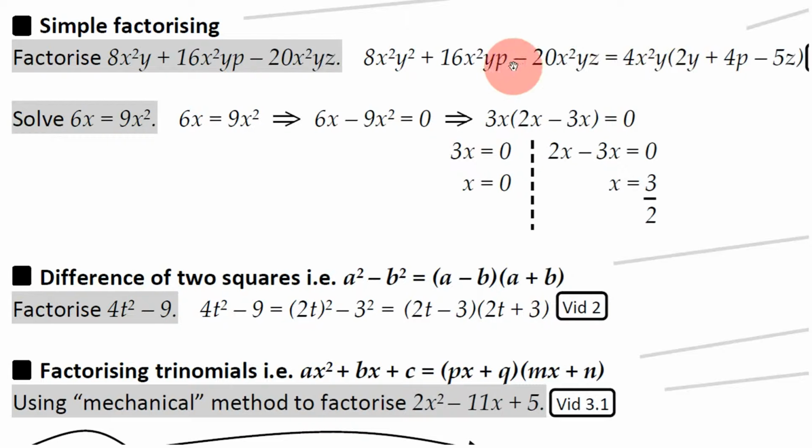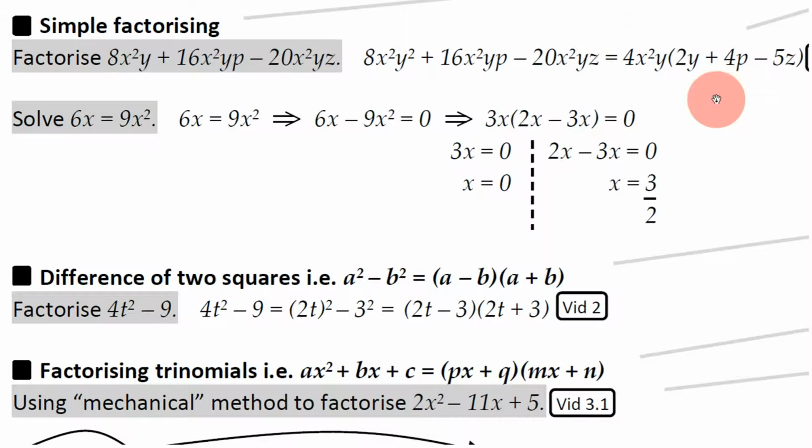Now I didn't say this, but in the bracket there should be 3 separate bits, because there are 3 separate bits in the original expression. That's how it works. If there are 2 bits in the original expression, there'll be only 2 separate bits inside the bracket, each bit separated by either a plus or a minus.